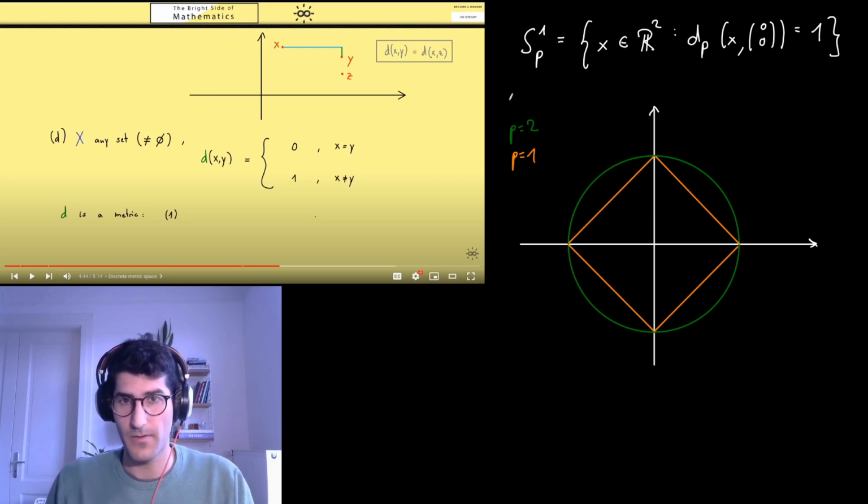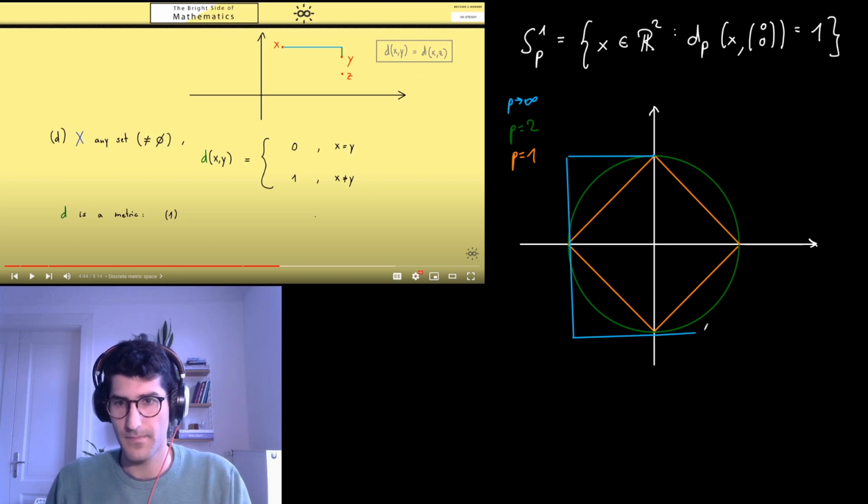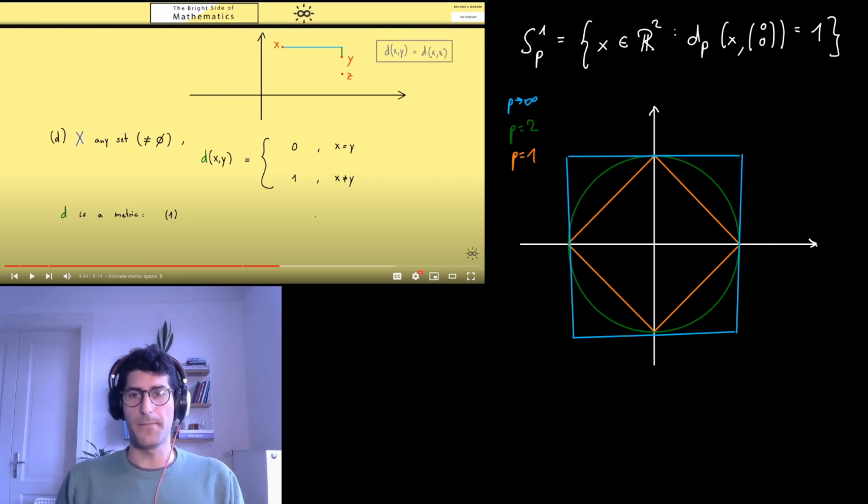So if we let now p go to infinity, our circle also looks a little bit different. It is still a square, but it now looks like this. It should be a perfect square here, but you get the idea.